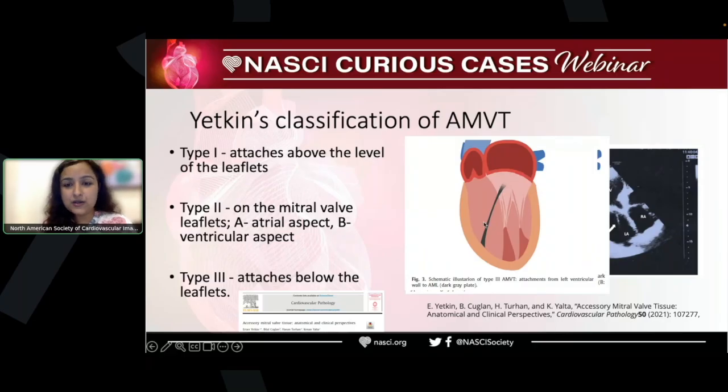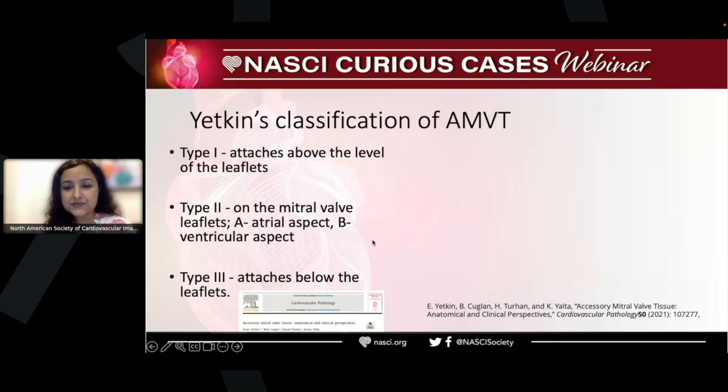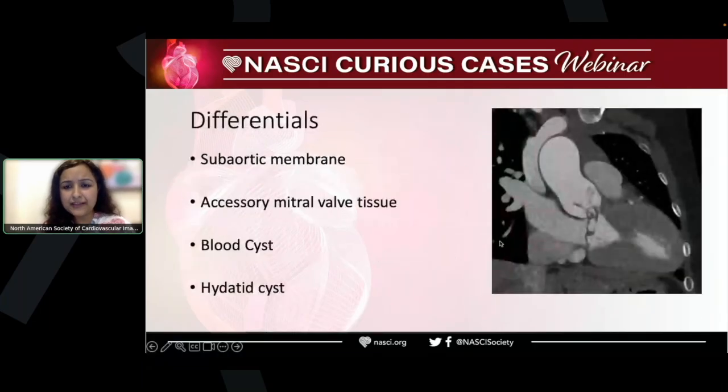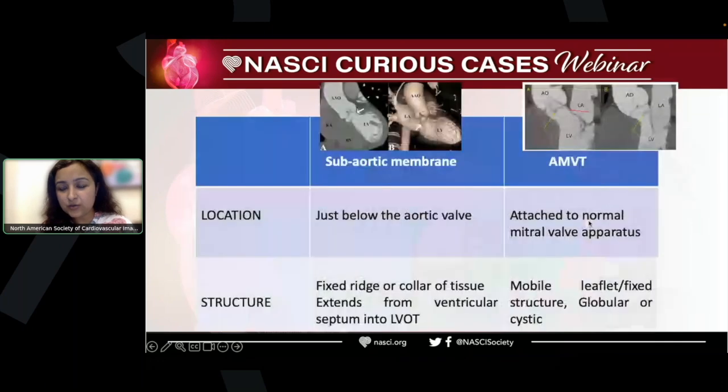It can show attachment to the remote left ventricular wall also. So there are these three types. If I can show the image again, we felt like it started from here and then went into the LV outflow. It is abutting the cusps of the aortic valve over here and came back and attached to the mitral valve leaflet over here. So we felt like it was type 2A probably.